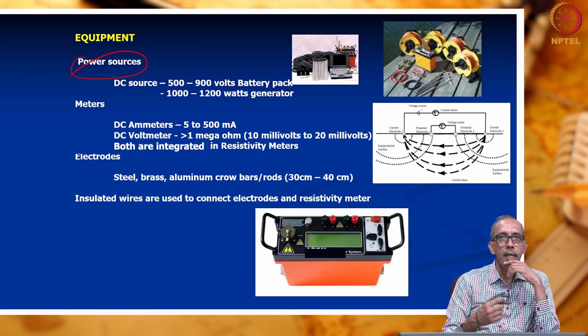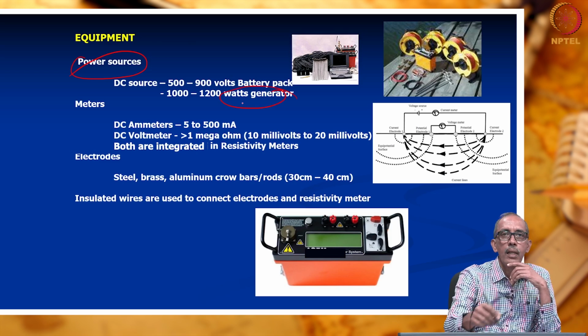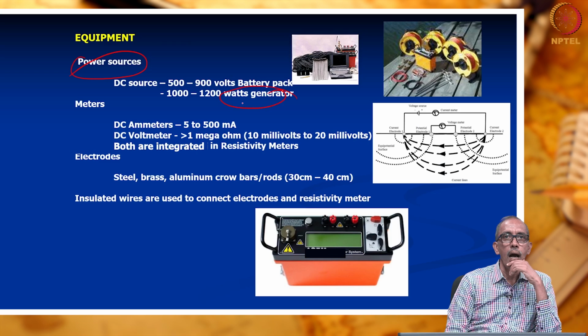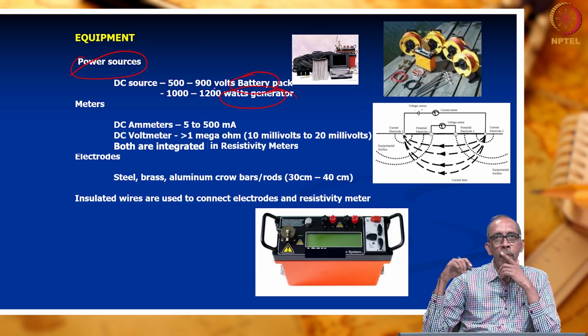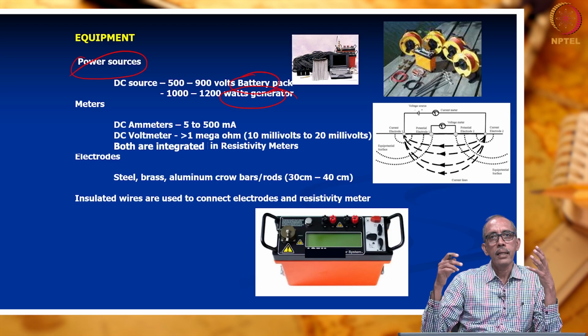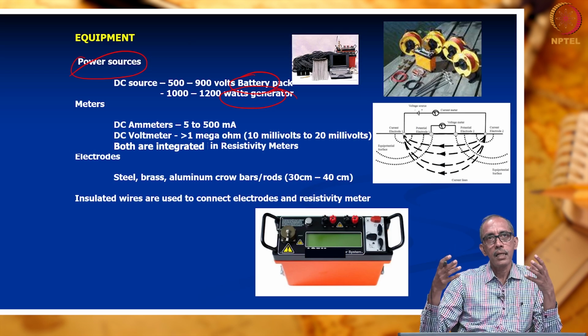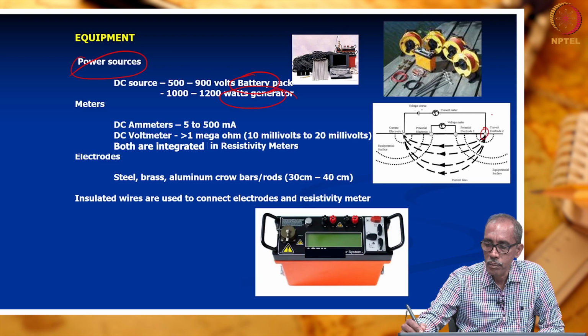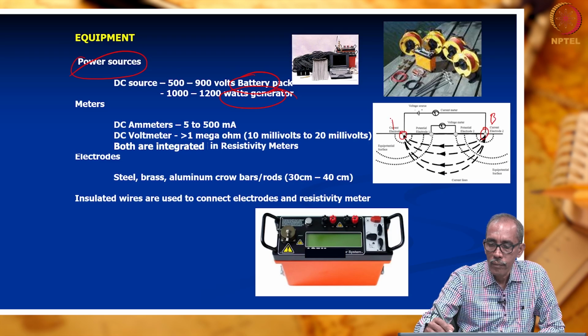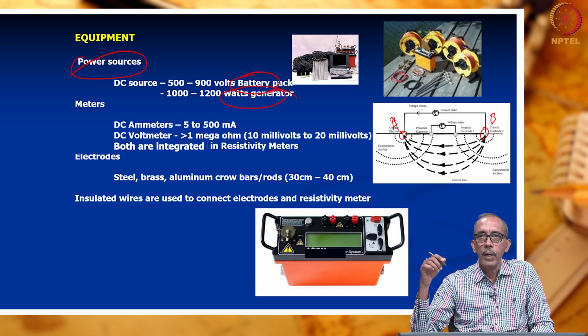We may use a generator, or we can use a battery, a 12-volt battery which we often use in our automobiles. Maybe a car battery itself will be sufficient as a source. So first and foremost, we need a source, as we had seen previously. This is B, this is point A, wherein we are going to apply current.